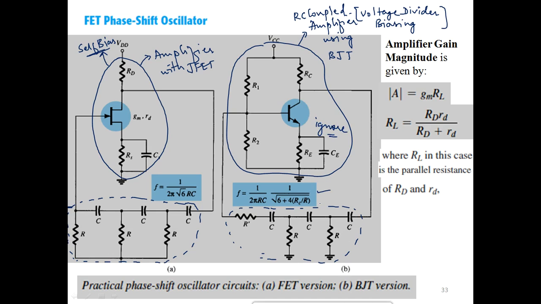However, this is important when it comes to your lab. What is important for us is with respect to JFET, so this formula is important for us, 1 upon 2 pi RC square root of 6.